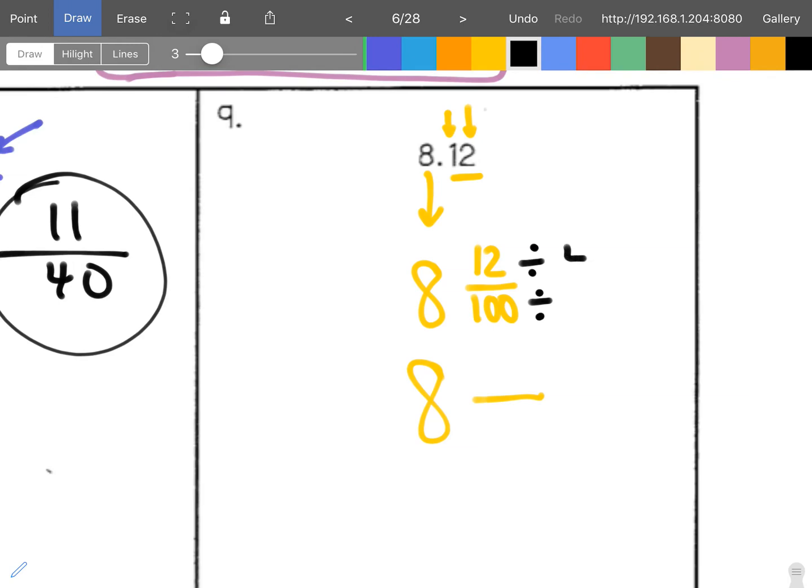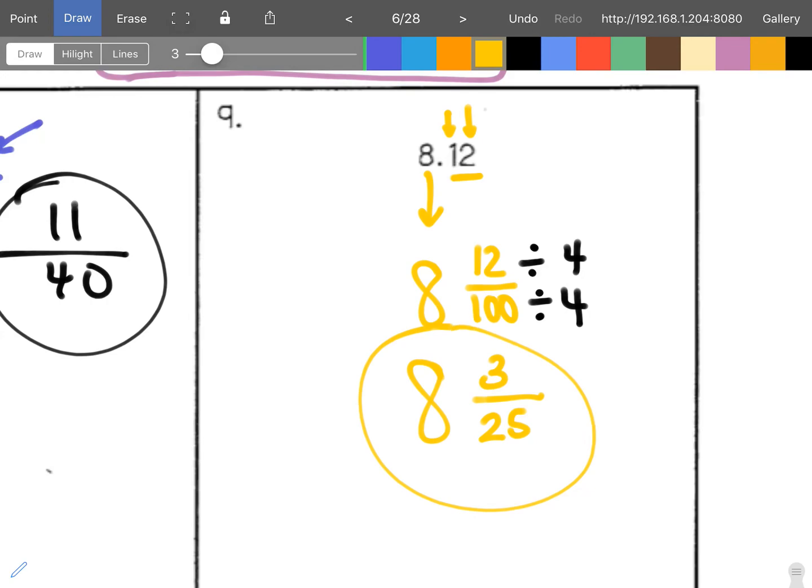If you said 4, you would be correct. So 12 divided by 4 would be 3. And what's 100 divided by 4? 4 of what would fit in 100? If you say 25, you are correct. So there you go.